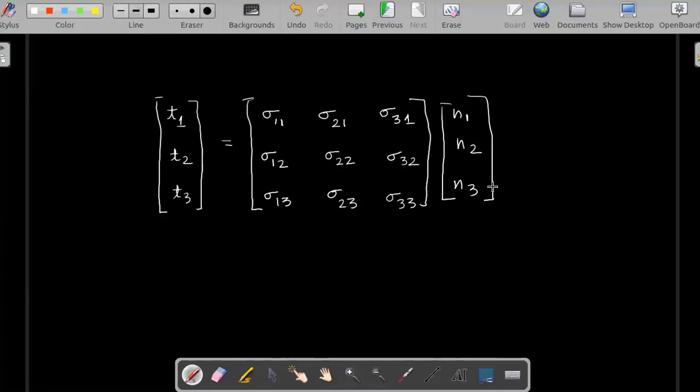This is nothing but T equals sigma transpose n.